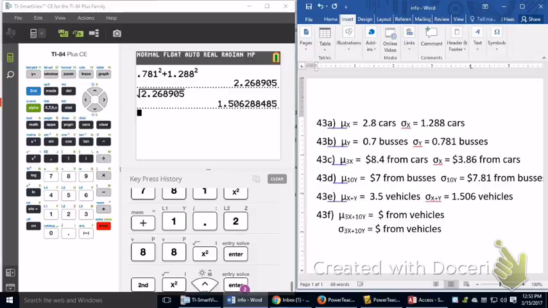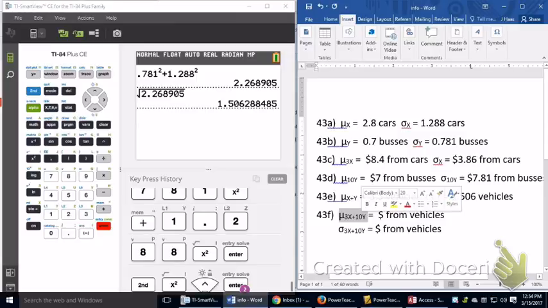Okay, part F is asking us about this new variable, W, which is the total amount of revenue from both kinds of vehicles, from cars and from buses. So sometimes you'll notice the notation I have here of 3x plus 10y. That basically means I'm going to multiply 3 times x and 10 times y.